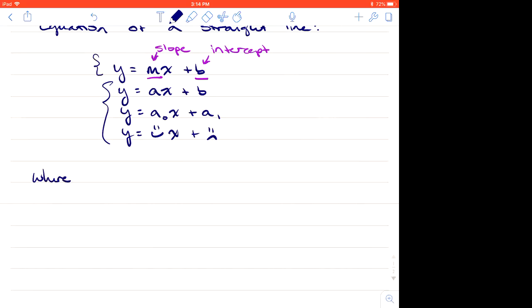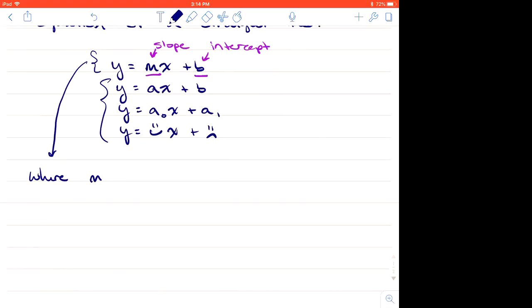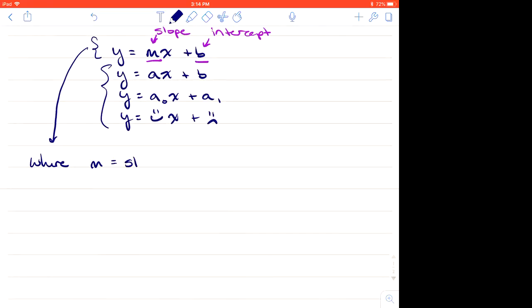From that first equation, where m is the slope, or in general, whatever value is attached to the x, that's going to be the slope.